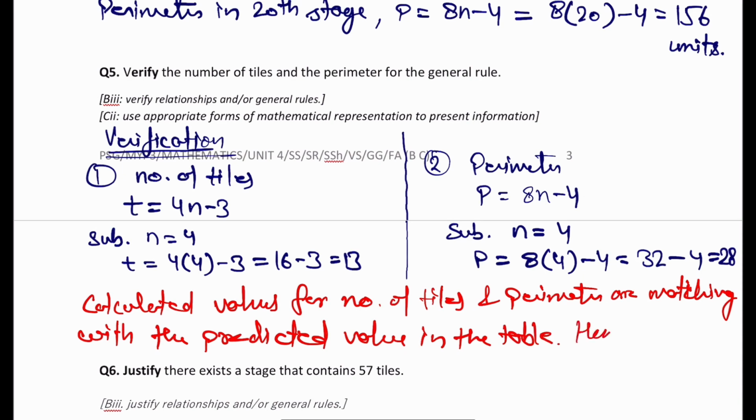Hence, verified. So this was the required working in this problem. For verification, we are always going to use those stage numbers for which we are predicting some values.